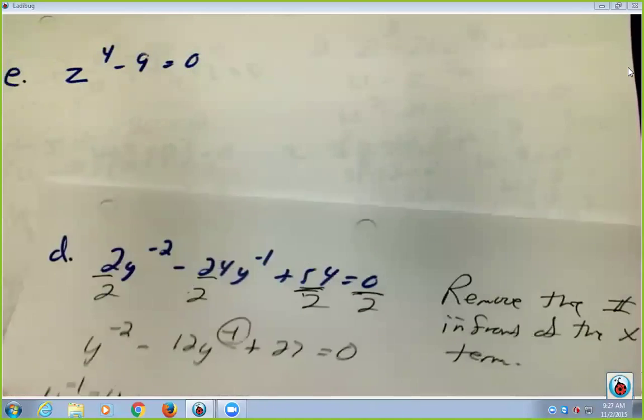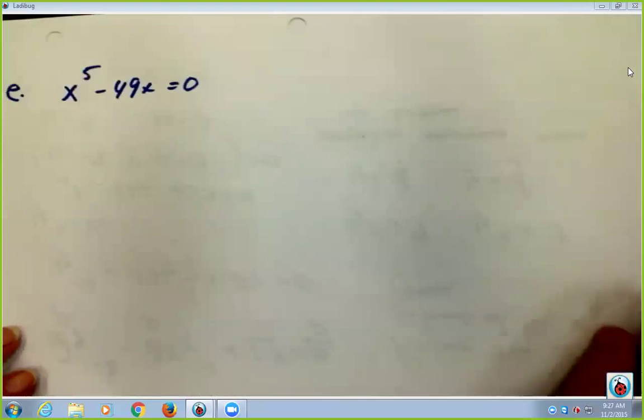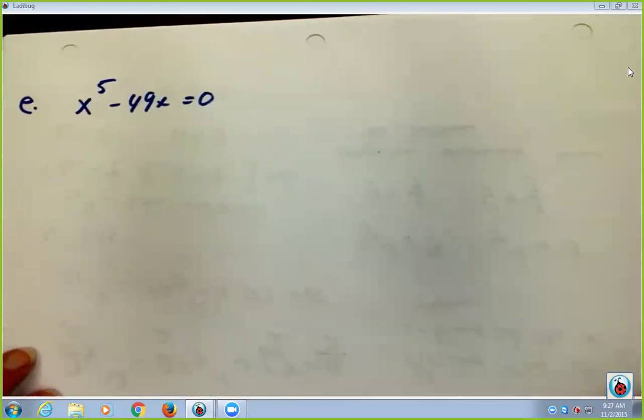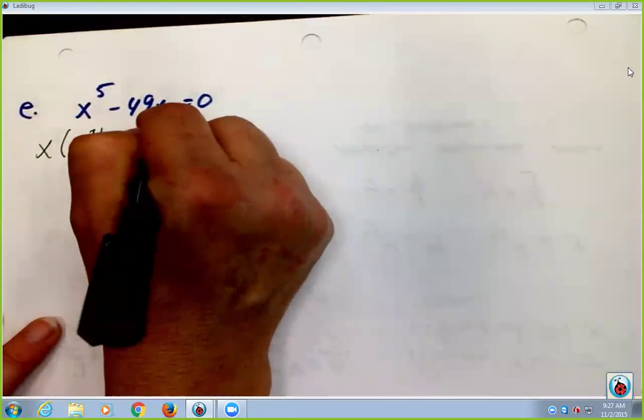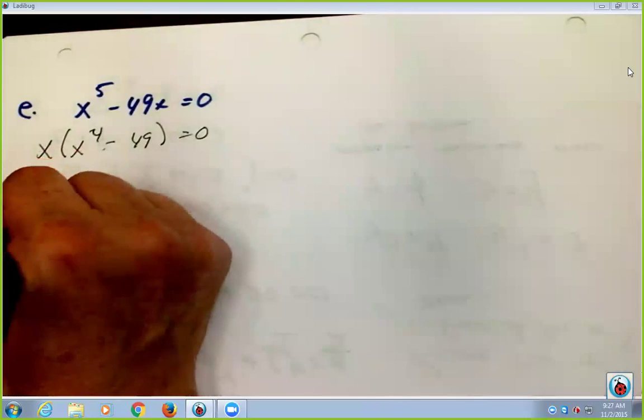And then this one, that one I can factor out an x. Leaves me with x to the 4th minus 49 equals 0. This piece factors.